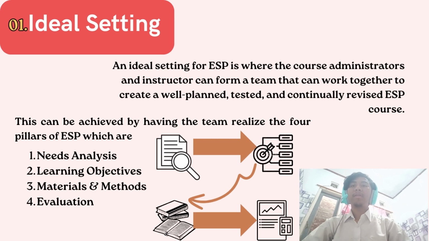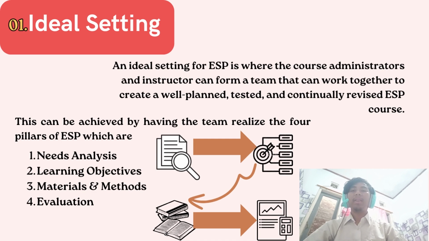Then they could work to build the third pillar of ESP by designing the materials and in-class methods of teaching and learning that will mesh perfectly with those preferred by the instructors and the target learners.